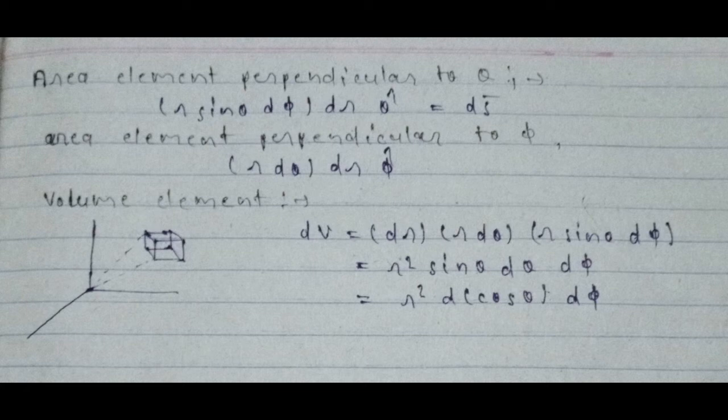And area element perpendicular to phi, that is going to be here, perpendicular to phi, and using coordinate systems in r, theta and phi, we will have a length element perpendicular to phi in theta direction, which is going to be r d theta, right. So here will be r d theta and one in r direction, and this unit vector is in the phi direction. So r d theta times dr in phi direction.